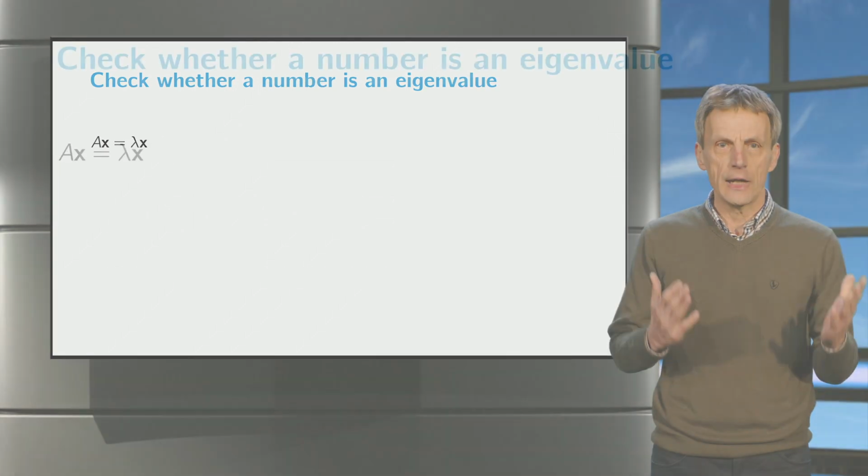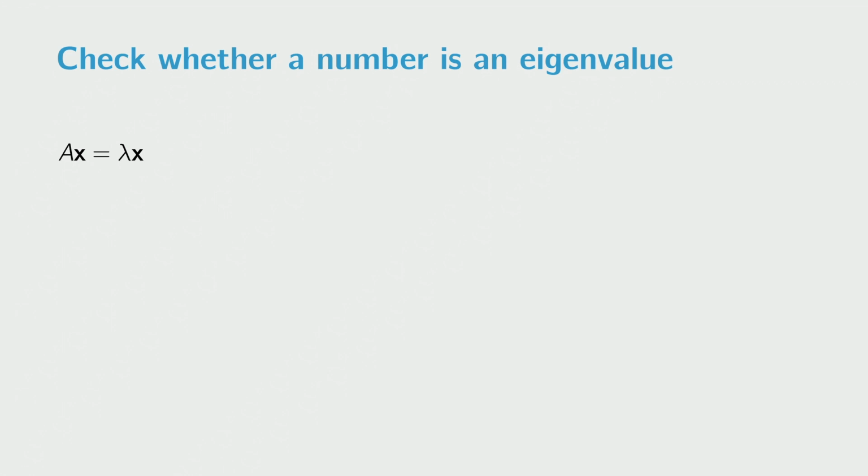Recall the equation A times x is equal to lambda times x. This is of course equivalent to A times x minus lambda times x is equal to the zero vector. By replacing lambda times x by lambda times the identity matrix times x, we can write A minus lambda times I times x is equal to the zero vector.